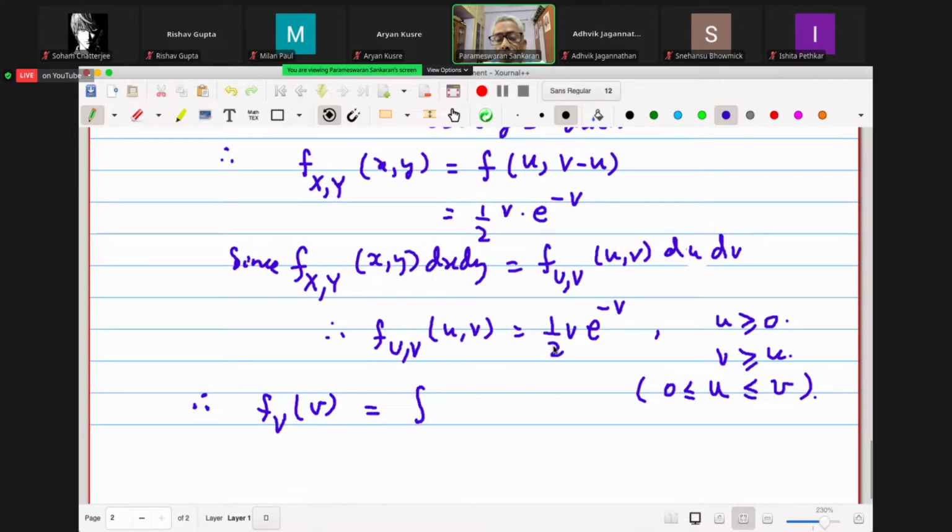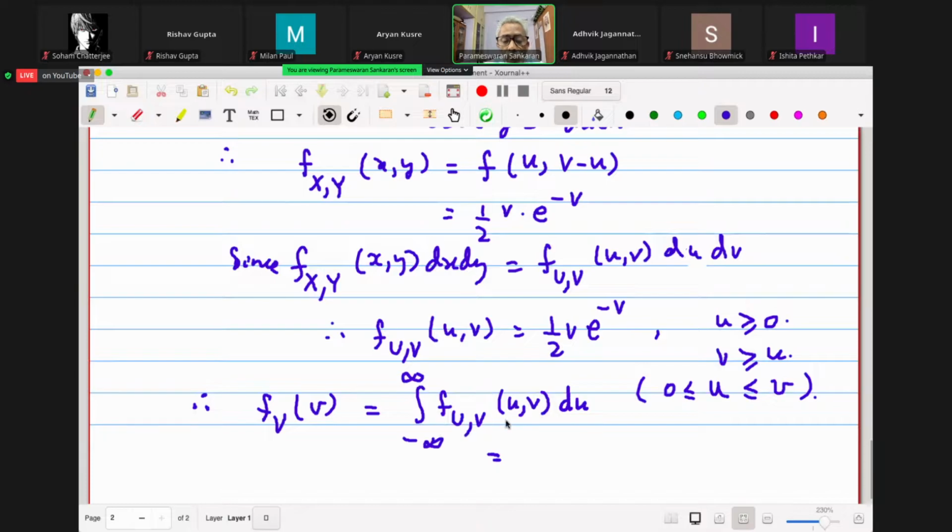You see, although it involves only v here, it doesn't mean that u and v are independent. That's because the range of v depends on u. So this is something that you should pay attention to. So write the general formula, minus infinity to infinity, f of u, v, du.